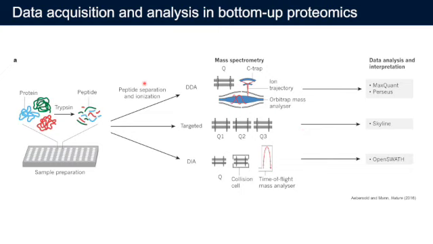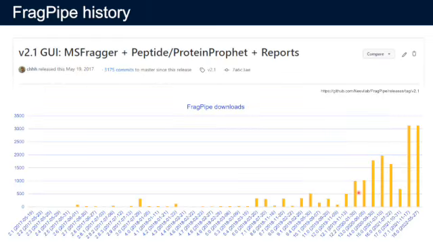This figure was in a review paper published in 2016. Then in 2017, the first public version of FragPipe was released. At that time it was not called FragPipe; it was called MSFragger GUI, because it was only for running MSFragger, Philosopher, and generating reports. The initial purpose of developing this user interface software was to make running MSFragger easier.